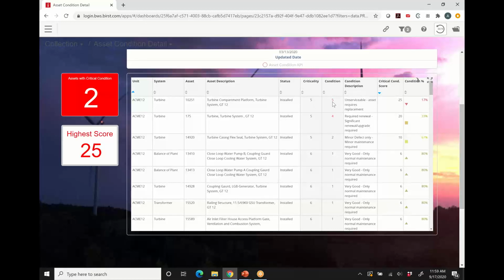With that, I'm able to identify exactly where my system is having problems in terms of the condition of either the subsystems or components that make up this major system, right?